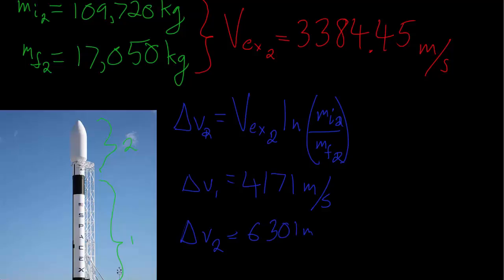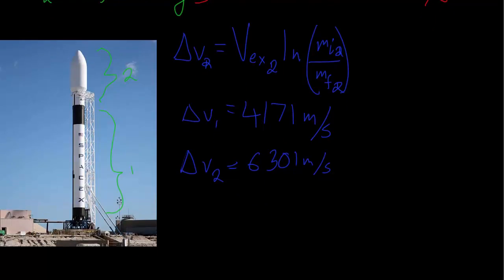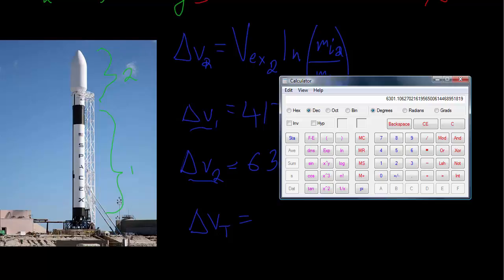So the total change in velocity that the Falcon 9 experiences is the change in velocity of stage 1 plus the change in velocity of stage 2. So we can calculate that.